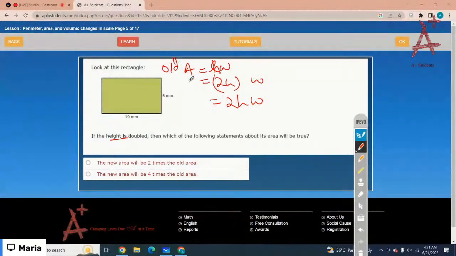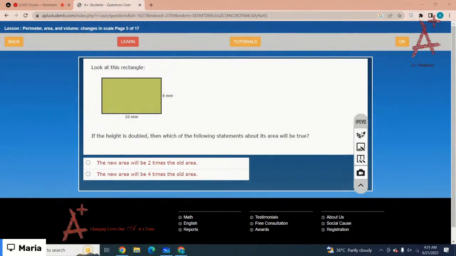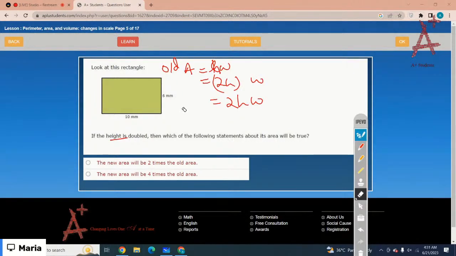That is the new area. Just divide the new one by the older one.